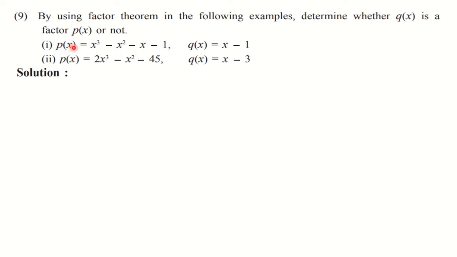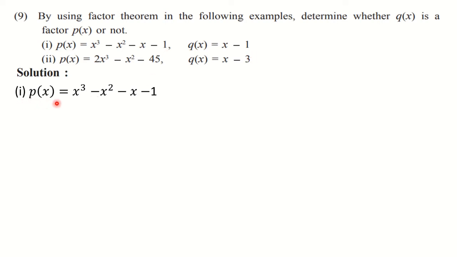Here p(x) is the dividend and q(x) is the divisor, and we have to check whether q(x) is a factor of p(x) or not, using the factor theorem. That means we should find the remainder, and if that remainder is 0, then q(x) is a factor of p(x), otherwise it is not a factor. Let us start with the first sum.